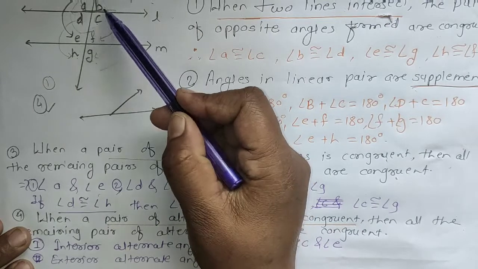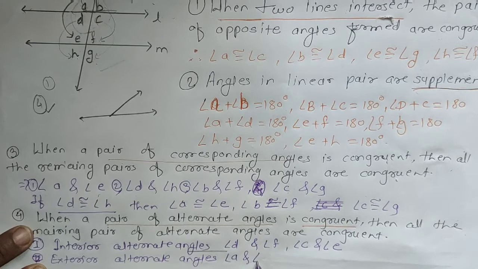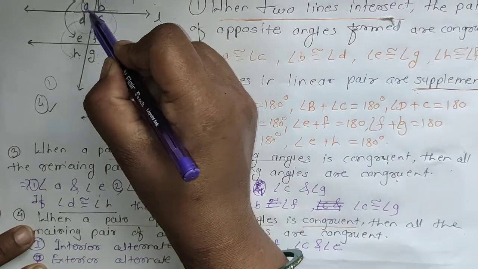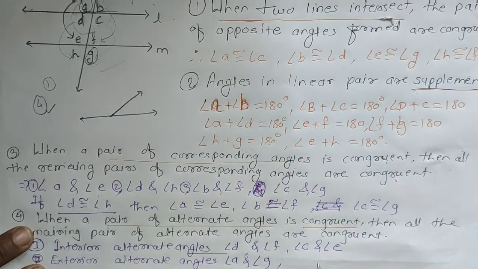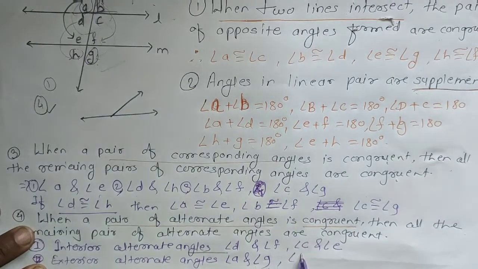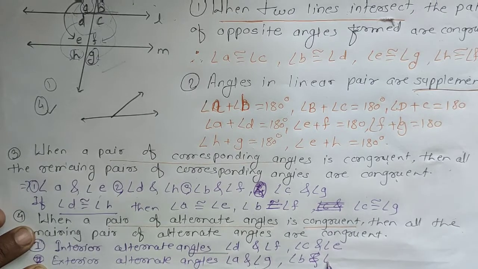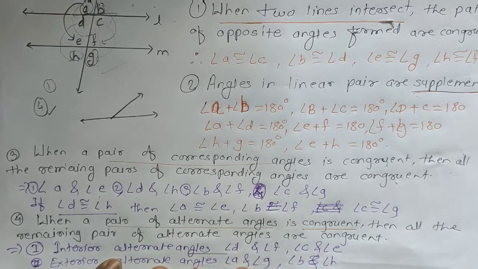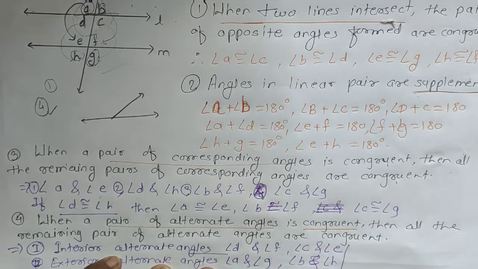A and G, and B and H. Angle A and angle G, this which I am showing, this A and G. Okay, A and G, and another, angle B and angle H. Okay, so out of these 4, 1, 2, 3, 4, if any pair is congruent, then the remaining are all also congruent.